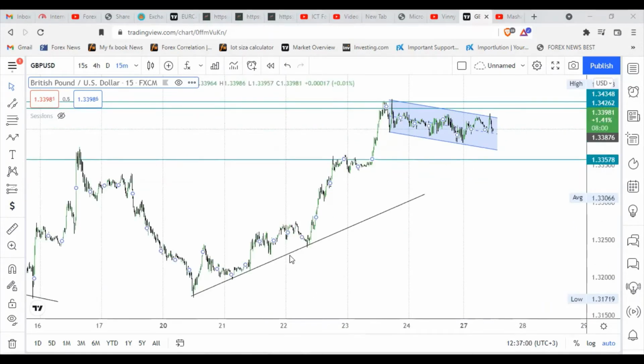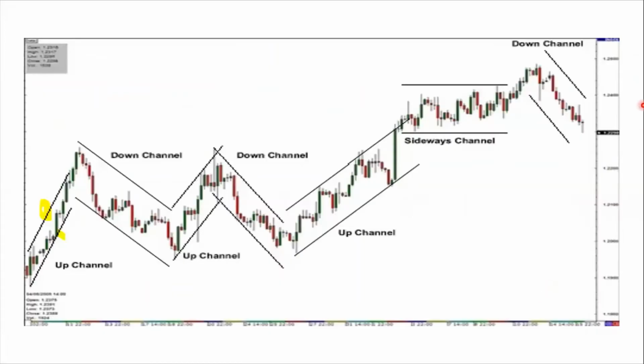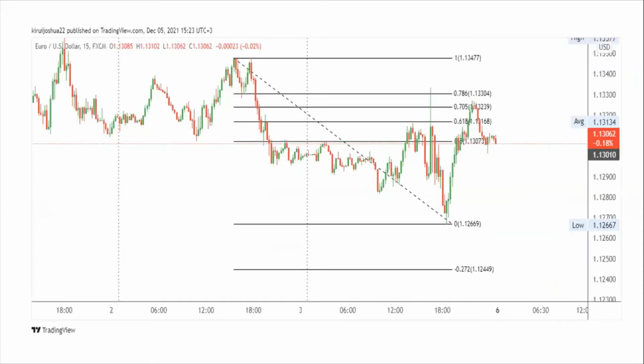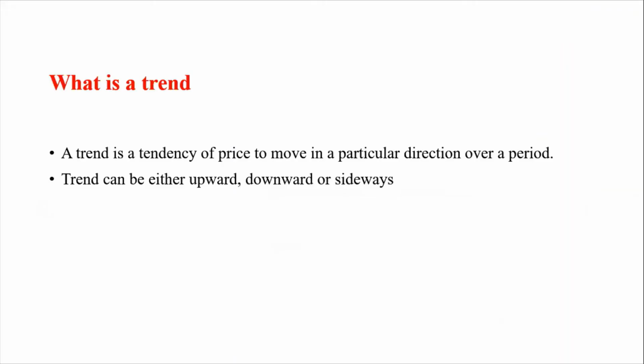So we want to look at the next topic. We are going to skip the Fibonacci levels, and we want to look at the trend. What is a trend?